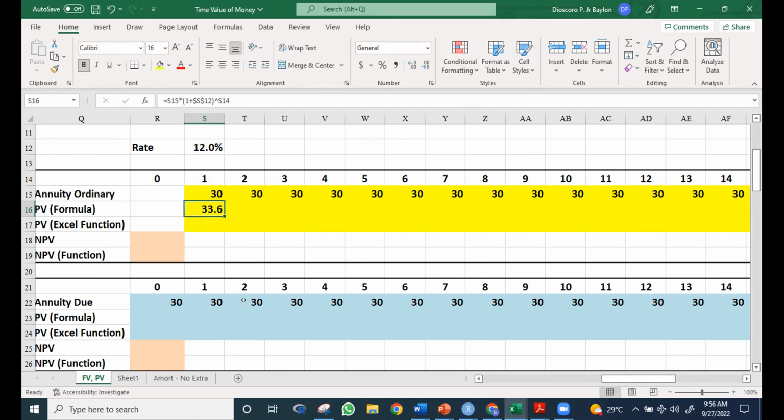How much is it now? Oops, it should be negative, sorry. Negative because for the present value we're discounting it, so the present value should be lower. Let's just peg it at 1 decimal place, and I can just copy this.